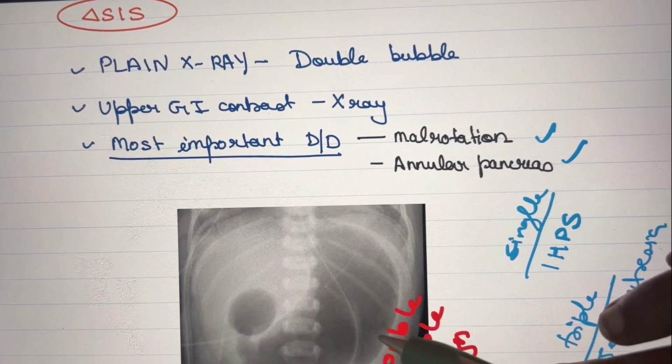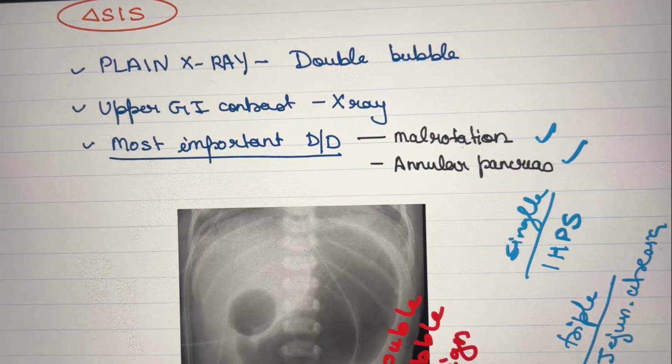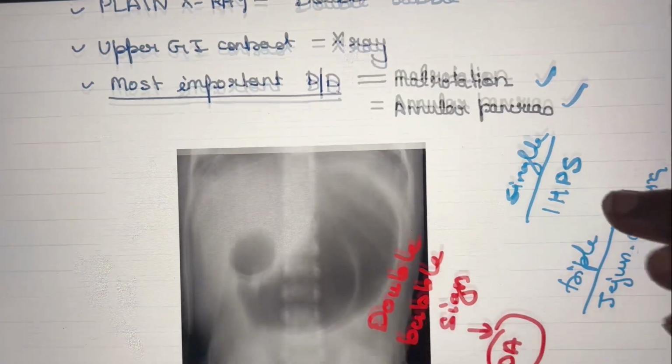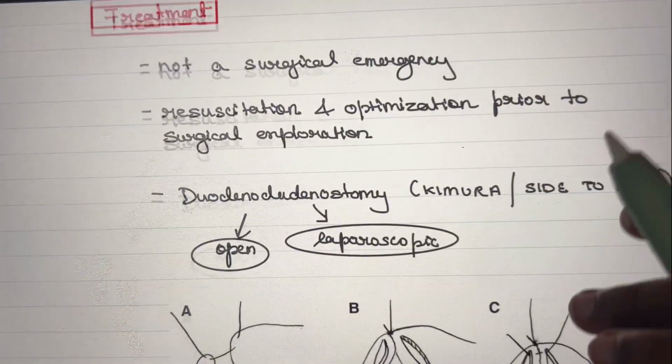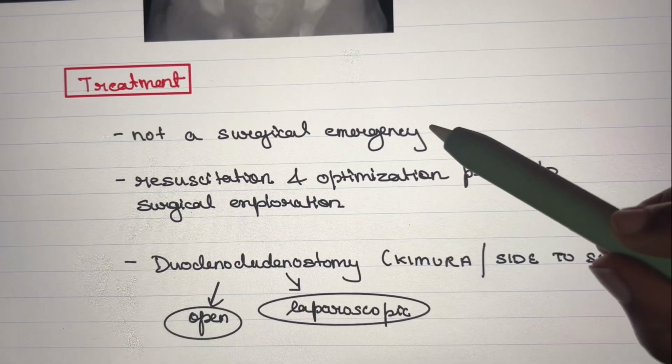Either it may be associated with malrotation or there is annular pancreas, because of which there is duodenal atresia. So we will do X-ray, and if we see the double bubble sign, we will know the patient has duodenal atresia. Apart from that, we can do USG, upper GI contrast study and CT scan to further confirm the case. In treatment, this is not a surgical emergency.